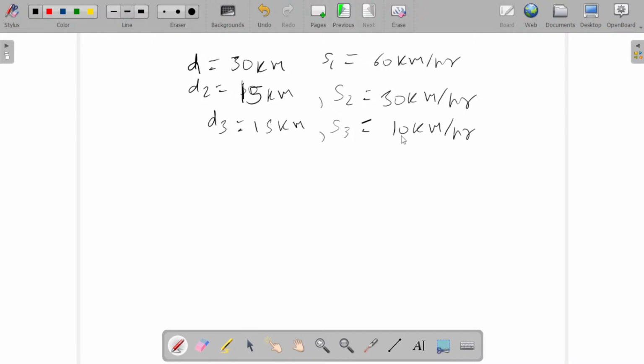So this is the given data, and average speed is asked in kilometers per hour. Okay, so let me solve it.